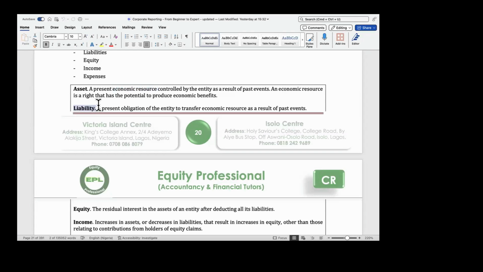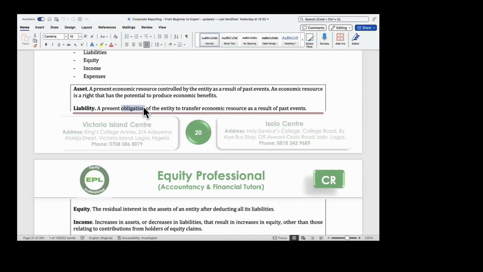Liability. A liability is a present obligation of the entity to transfer an economic resource as a result of past events. The key word here again is obligation.